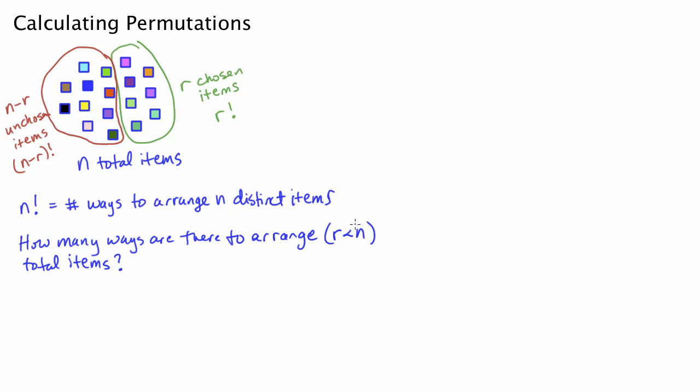Well, it's a little bit complicated, but you think of it this way. You think of it as starting with n factorial, which is everything, and you divide by n minus r factorial, which we know is the unchosen.